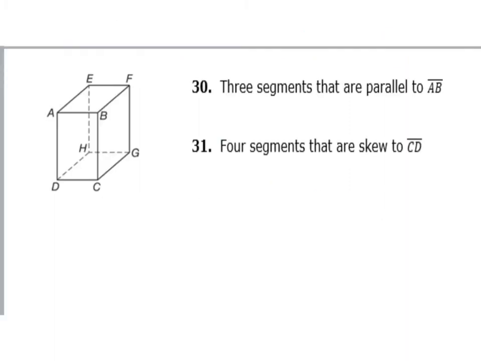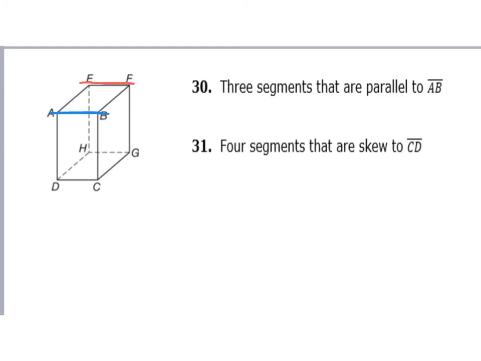Okay? All right, number 30. We're almost home. We're at the back of the page of the whole review. Number 30, three segments that are parallel to line AB. So when I look at line AB, it is right here. Okay? So I want lines that run in the same direction as that line.